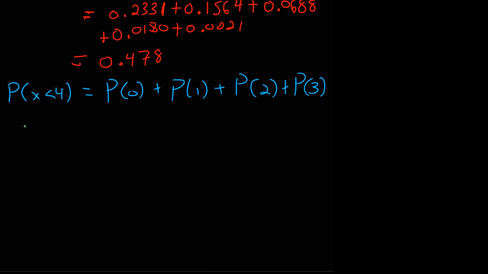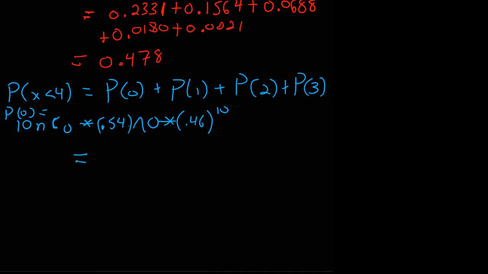And again, on the calculator, I would type in 10 NCR 0 for P of 0: 10 NCR 0 times 0.54 to the 0th times 0.46 to the 10th. And then I'm going to up arrow and work through all these. So for the probability of 0, again, I can up arrow on the ones that I had before.